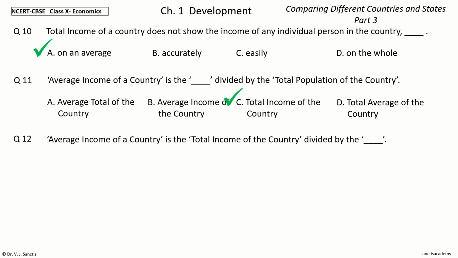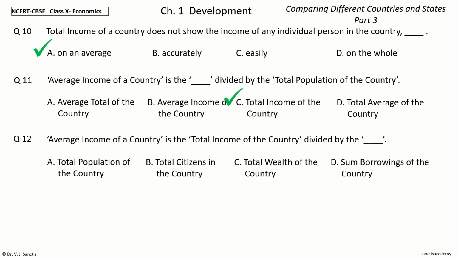The options are total population of the country, total citizens in the country, total wealth of the country, sum borrowings of the country. Your time to choose. And the answer is total population of the country.